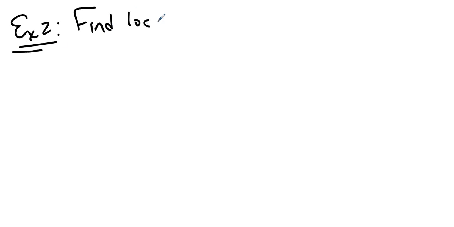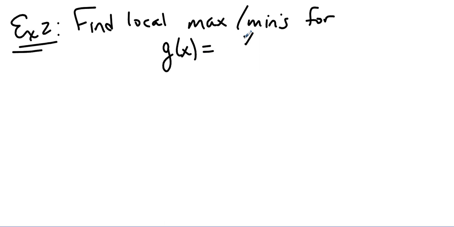Find local max and mins for g of x equals x over x squared plus 1. So we want to know where the local maxes and mins are. And so we consider the derivative so that we can use the first derivative test.